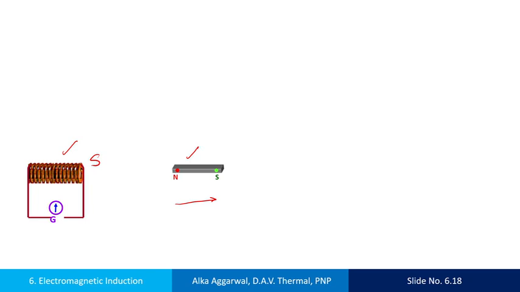When the south pole develops, due to the force of attraction, it opposes the motion of the magnet away from the coil. So I think you will understand Lenz's law. Now see, when we move the north pole of the magnet towards the coil, the current flows in such a way that the north pole is developed at this end.